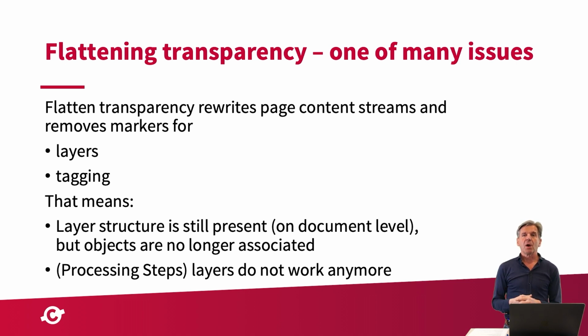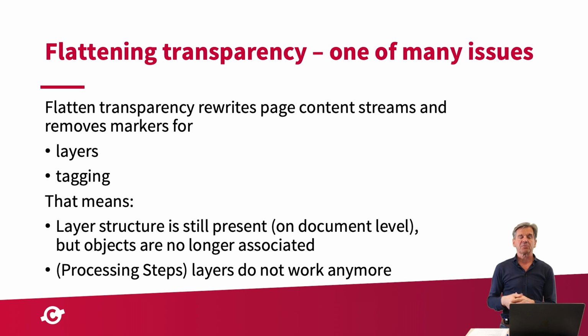And assume you now want to flatten a file that has transparency and that also has processing steps information. What's going to happen is the complete content stream is being rewritten by the transparency flattener, and the content stream where all the page objects definitions are has markers, because it needs to have markers that then relate the object that is currently drawn to a layer.